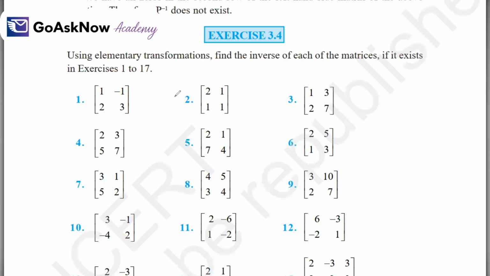I will take the second question. So how to do this? Write the matrix as A equal to IB. You can write like this. So here the A matrix is 2, 1, 1, 1, and it can be written as the identity matrix, that is 1, 0, 0, 1.